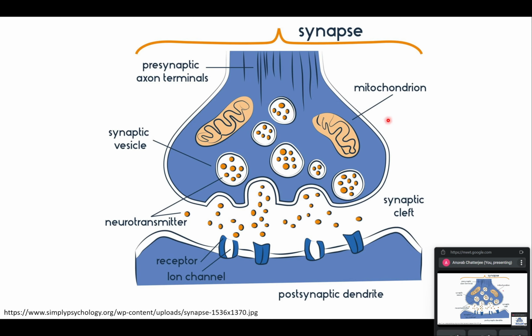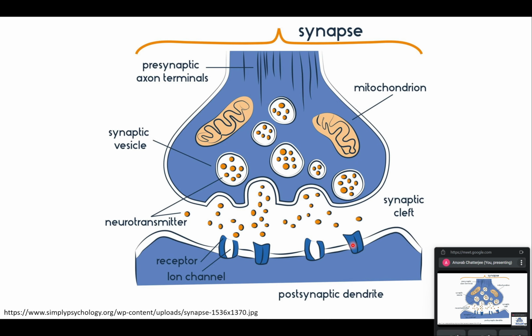These vesicles essentially contain chemicals known as neurotransmitters that send the signal from one neuron to the other neuron. These neurotransmitters are released into the synaptic cleft. They will go ahead and bind to receptors on the next neuron.